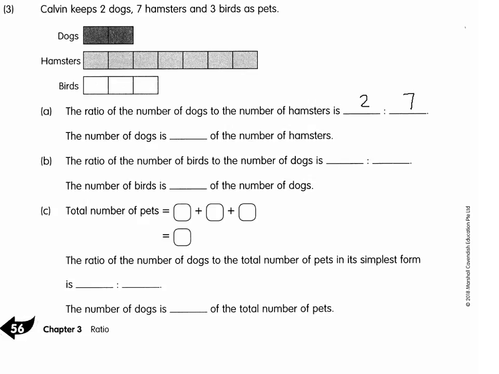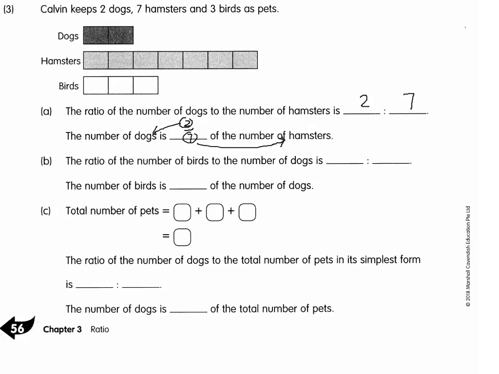Now, when they say the number of dogs is what of the number of hamsters, are they looking for a fraction or a ratio here? Fraction. Kelly, what's the fraction? 2 over 7. Because we know that 2 units for dogs, 7 units for hamsters.